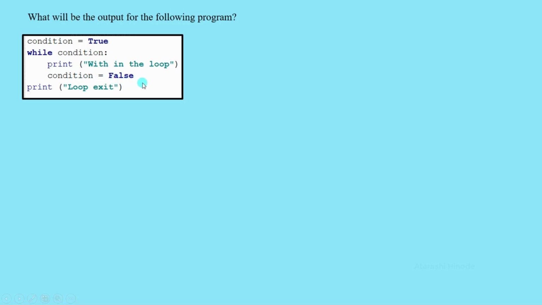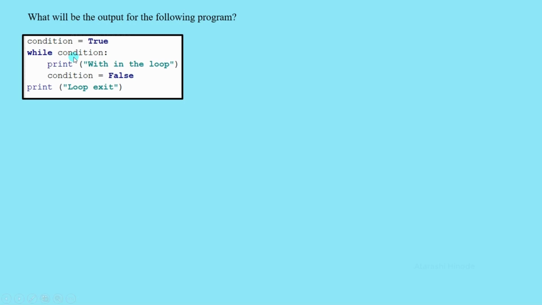This is similar to what we did in the first statement. The Python engine will assign the keyword False to our variable condition. So what happens is that when the Python interpreter completes the execution of this iteration, it goes back to the while statement and it will check the value of the while condition.